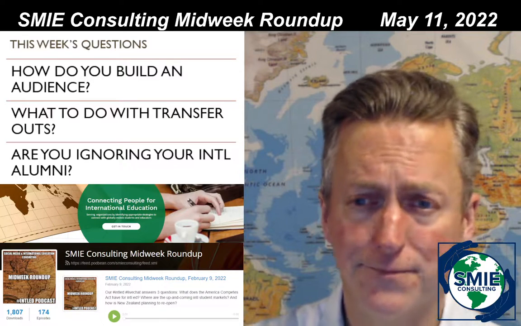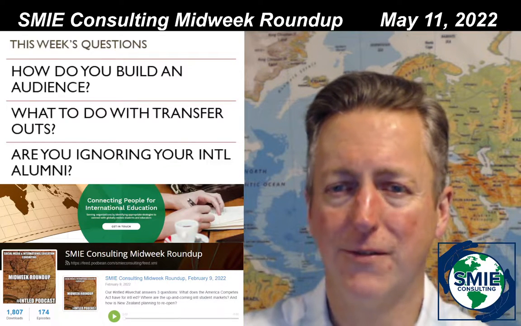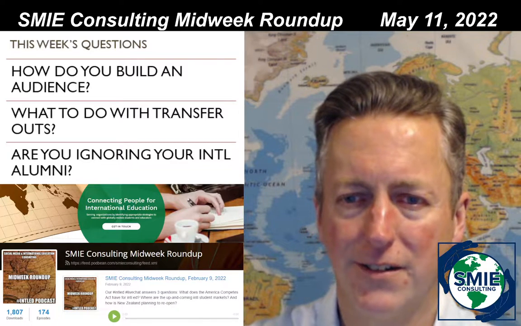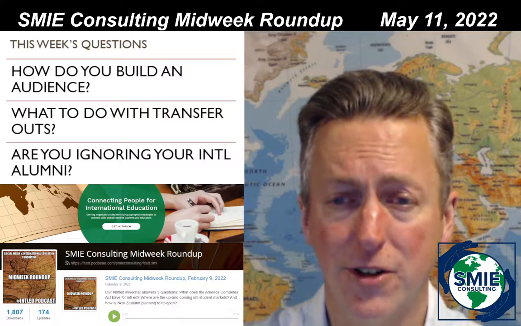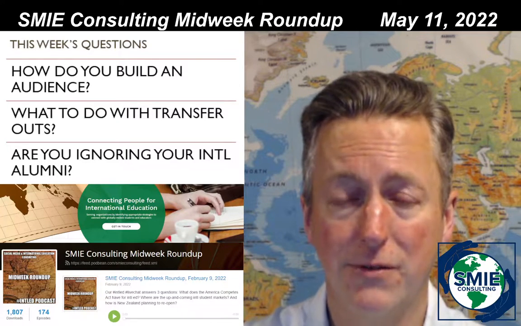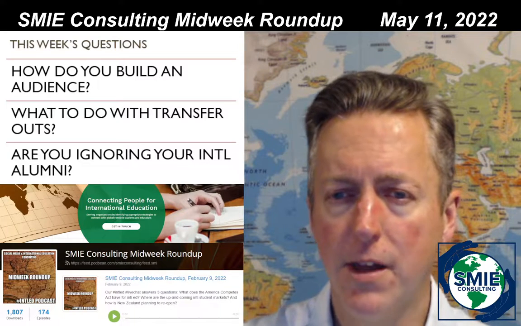And then you find out that if you have 50 students from Bangladesh and 40 of them are deciding to transfer out or no-show for arrival, even though they came into the country with your visa, with your I-20.